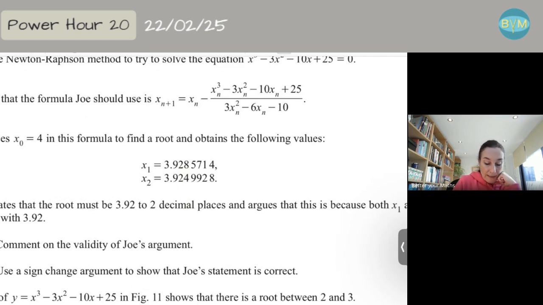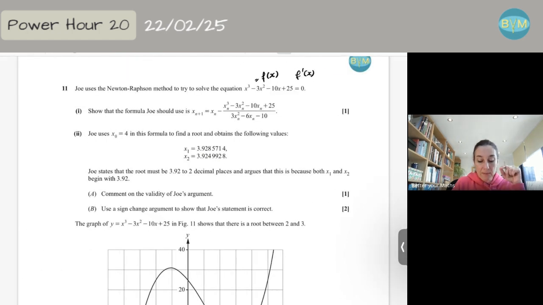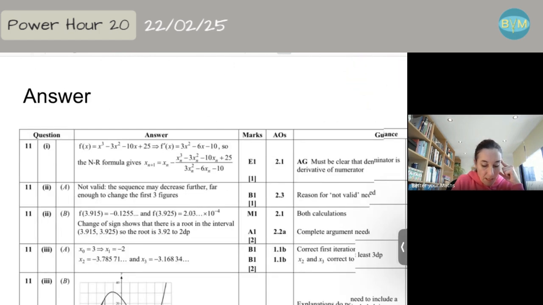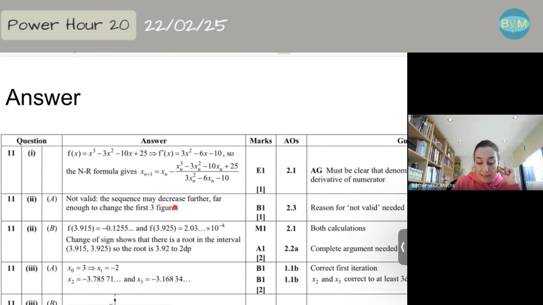So you have to say, let me show you what they say in the mark scheme, something like the decimals still can change. This can go up to 3.93. Let me read what they say. Not valid, the sequence may decrease further, far enough to change the first 3 figures. Decrease further or increase.